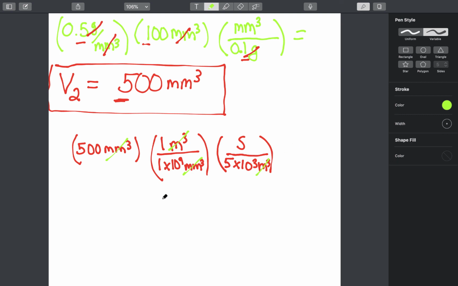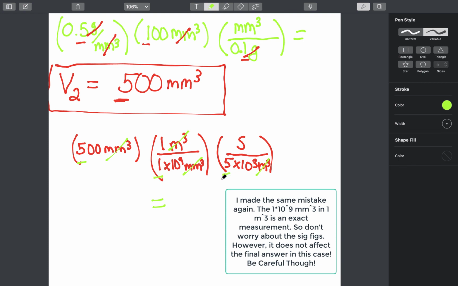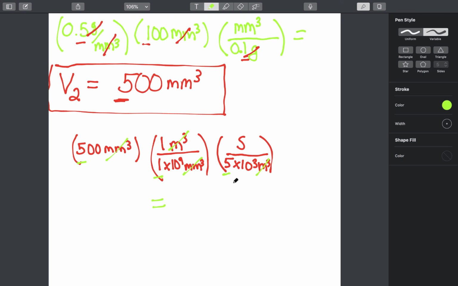So therefore, and remember, we only have 1 sig fig here, 1 here, and 1 here. So our final answer should only have 1 sig fig. So therefore, when I plug this into my calculator, I get, let's see, 1 times 10 to the negative 10th seconds.